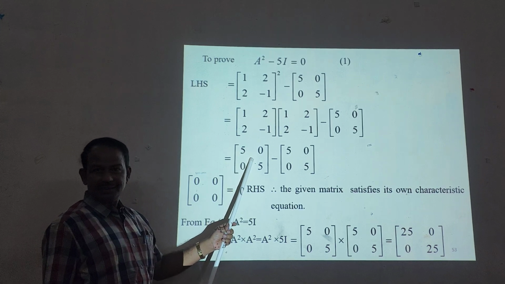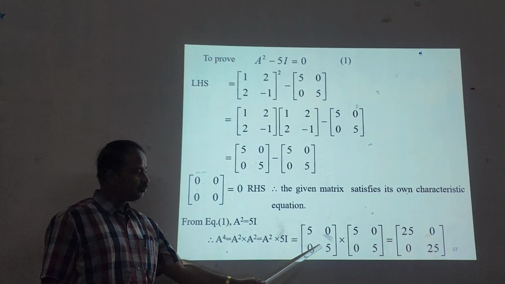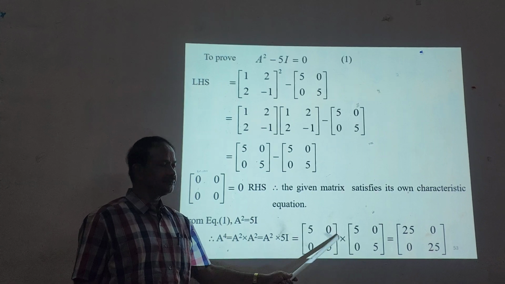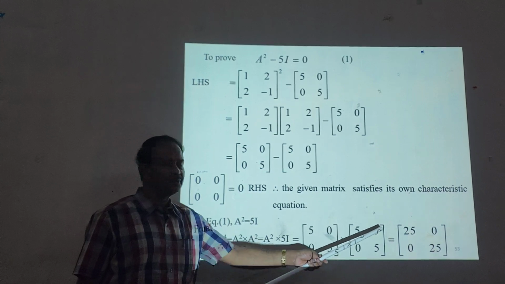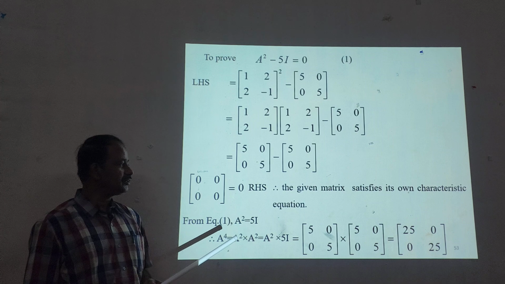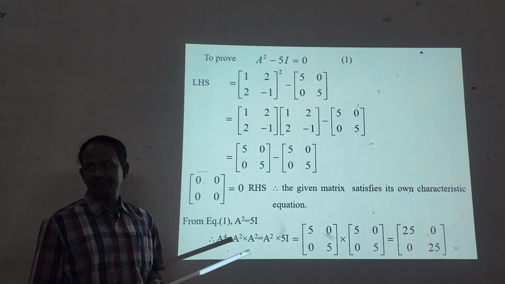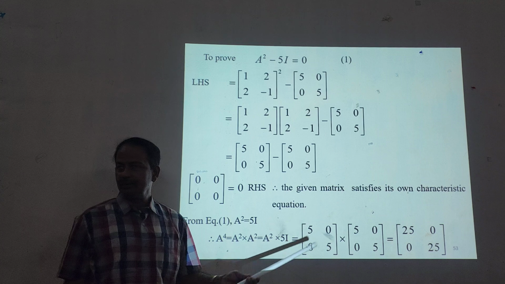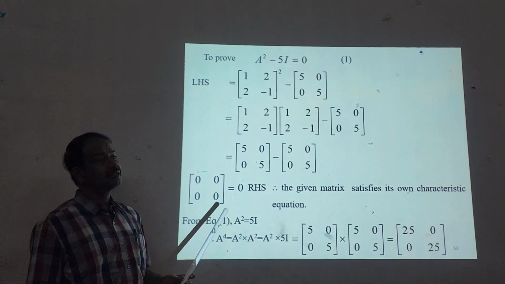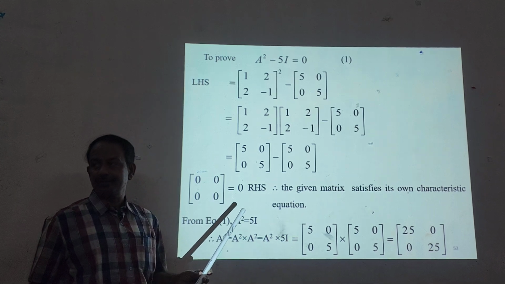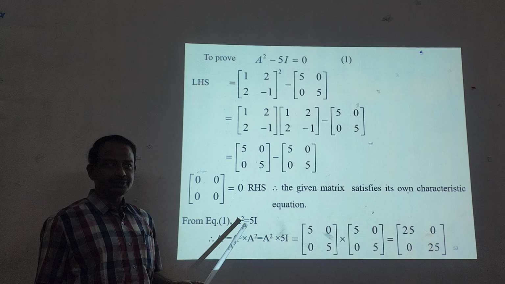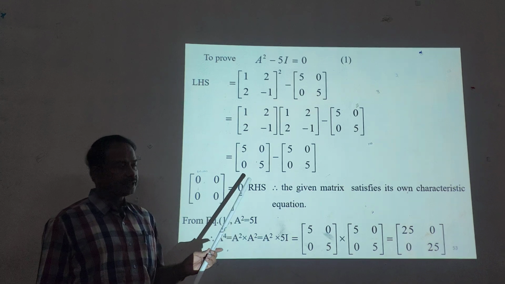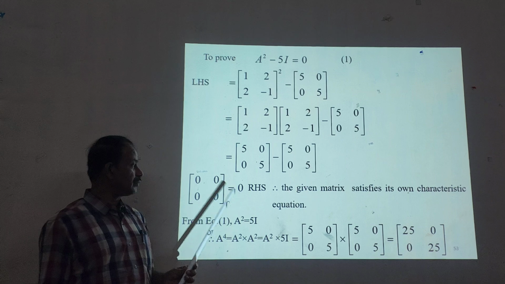See here, 5 0 0 5 multiplied by this is your 5I. Multiplying these two matrices will give you 25 0 0 25. Is it okay? So we have found out now A to the power 4. Similarly, you can also find out A to the power 8 or A to the power 16. So whatever may be the power of the matrix, we can get it out of this formula.